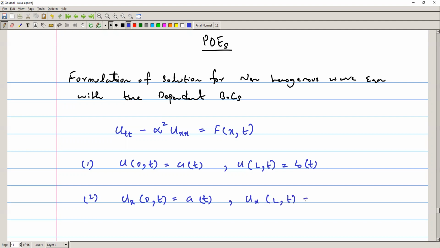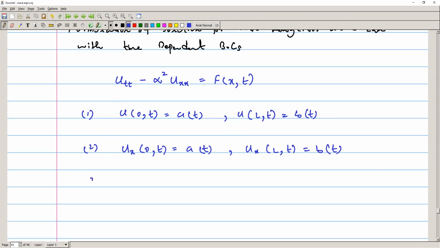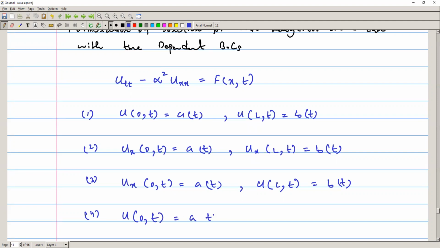And then we have mixed boundary conditions, and we have two cases. Number 1 is u_x(0, t) equal to a(t) and u(L, t) equal to b(t). And then we have u(0, t) equal to a(t) and u_x(L, t) equal to b(t).